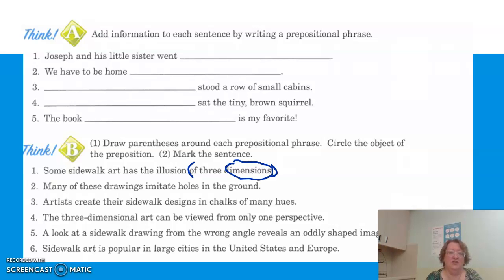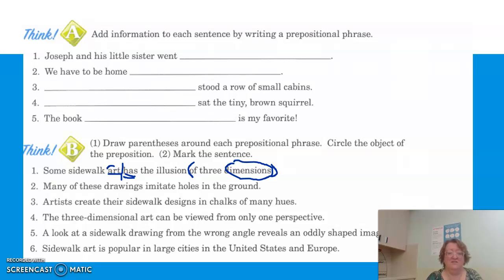So now we're going to mark the sentence. Where is the verb? The verb is has. What has? Art has. So our line would go after art, underline art once, and has twice.